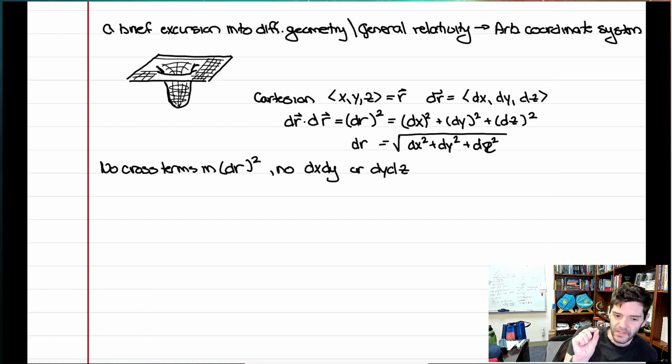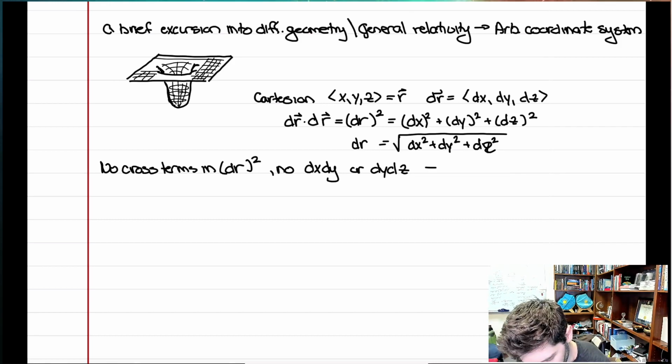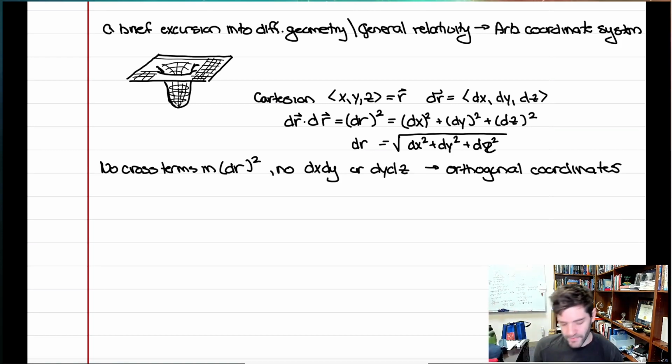So if you move a little bit in the x direction, you don't also have to multiply that by any sort of motion you have in the y direction or in the z direction. This mathematically is what we mean by orthogonal: when you evaluate dr squared, you don't have any cross terms.